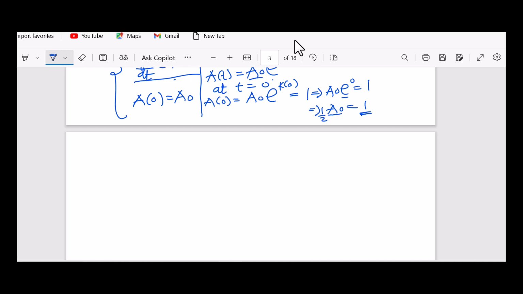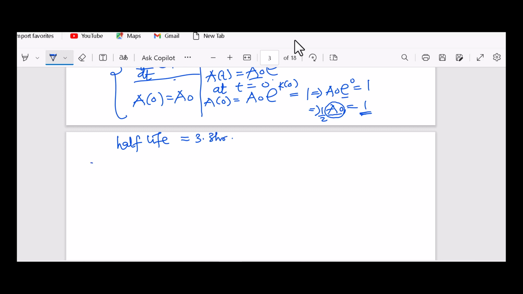The half-life of the substance is the amount of time needed for half of A naught, the initial value, to decay. So the time needed for A naught to reduce to half of itself is 3.3 hours. That's the meaning. So the half-life is equal to 3.3 hours.